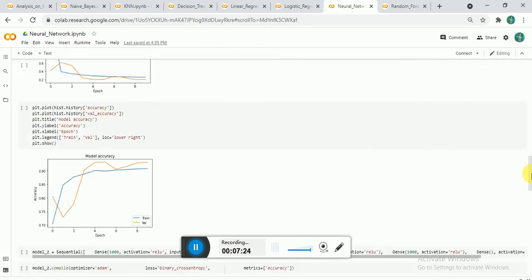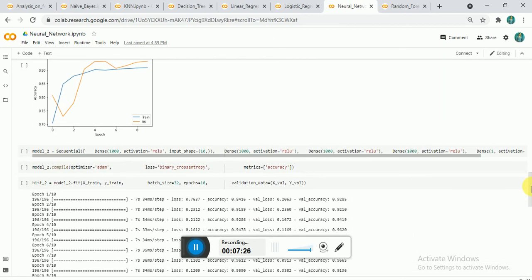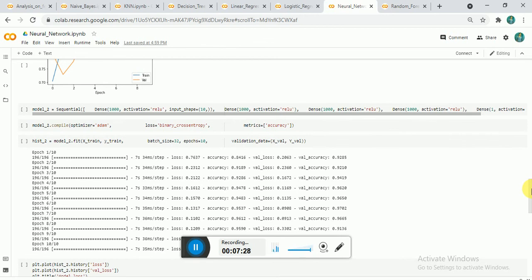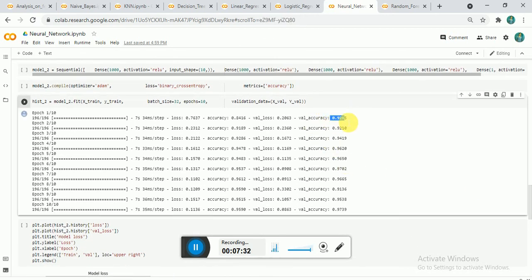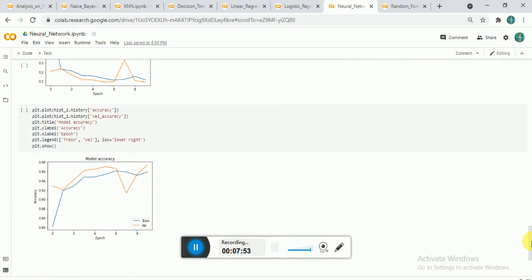You can see, in the neural network I achieved an accuracy of 92% in the first epoch, and in the final epoch an accuracy of 97%, because the neural network trains itself after each epoch, so the accuracy is improved from the first to the final epoch.